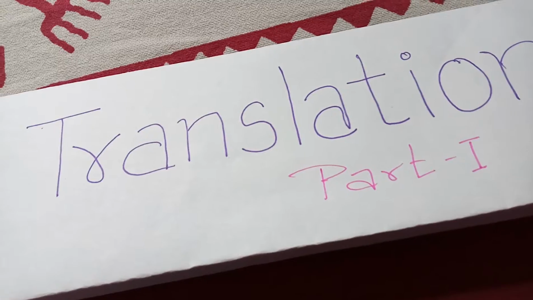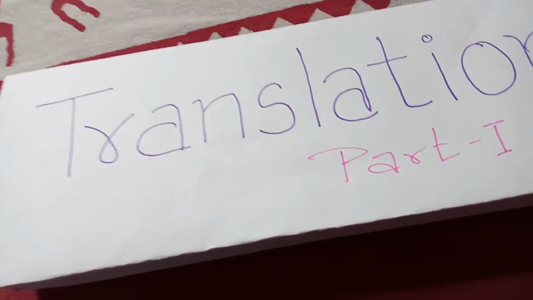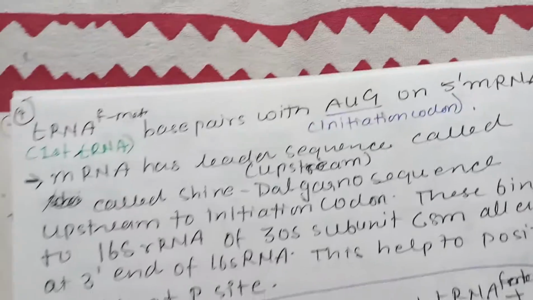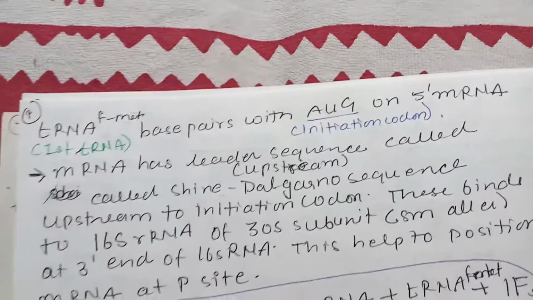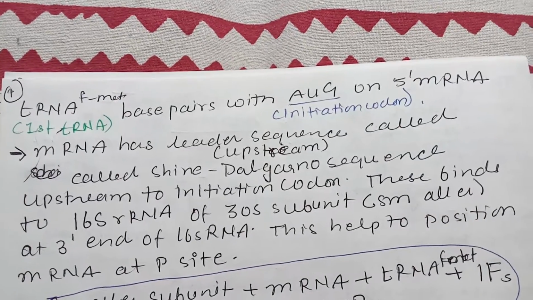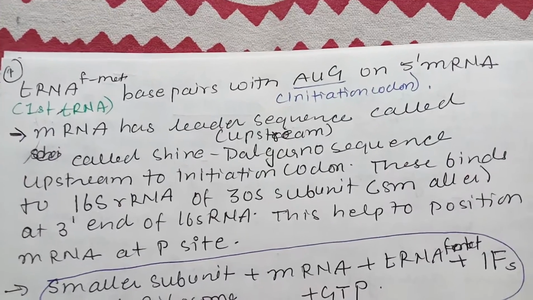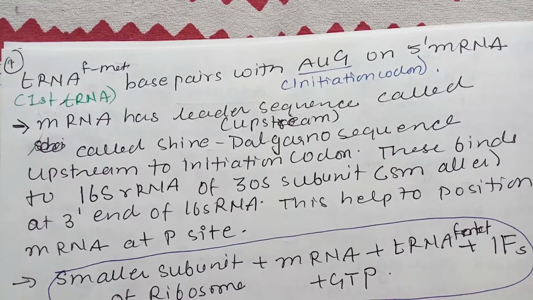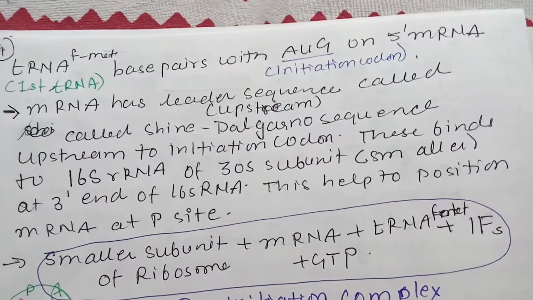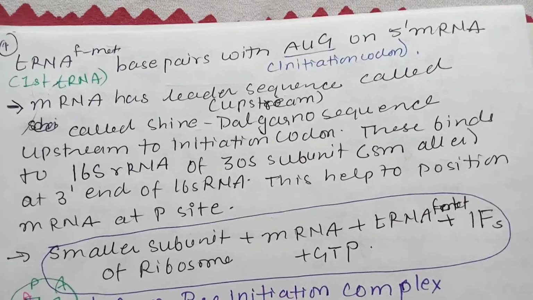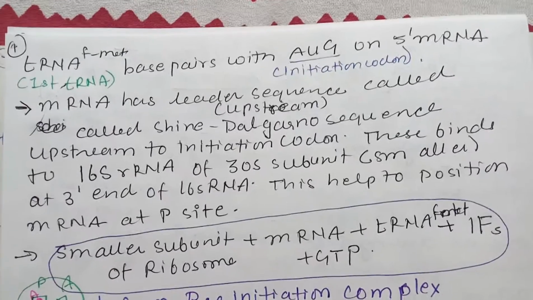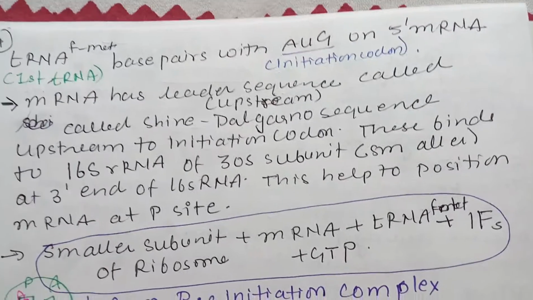Then the formylmethionine tRNA base pairs with AUG on the 5' mRNA. The mRNA has a leader sequence called the Shine-Dalgarno sequence, which is situated upstream to the initiation codon, and it binds to the 16S rRNA of the 30S subunit, as the rRNAs are present in the ribosomes.